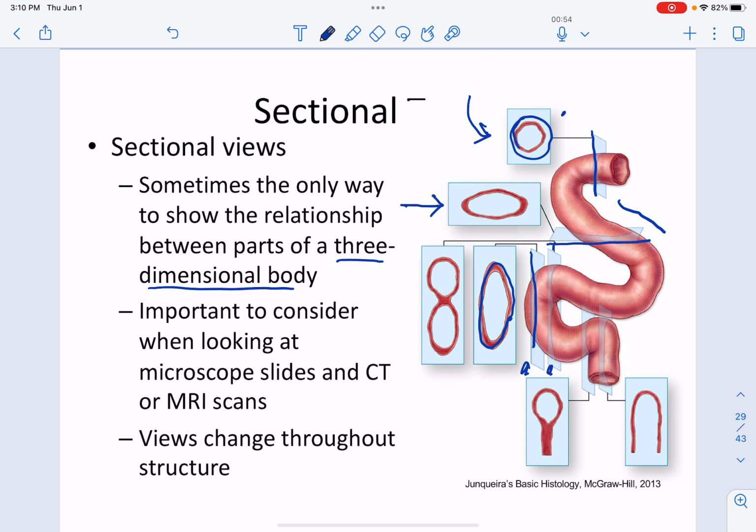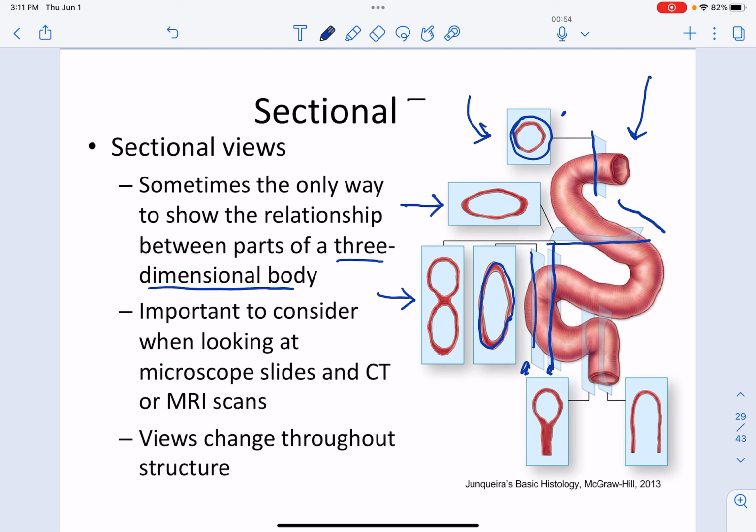If we took this section and it went through where the small intestine actually made a turn, you would get this section. That is why looking at histology, looking at the tissue level, can sometimes be confusing, because you lose sight of what the actual 3D structure was. So you kind of have to think about that.